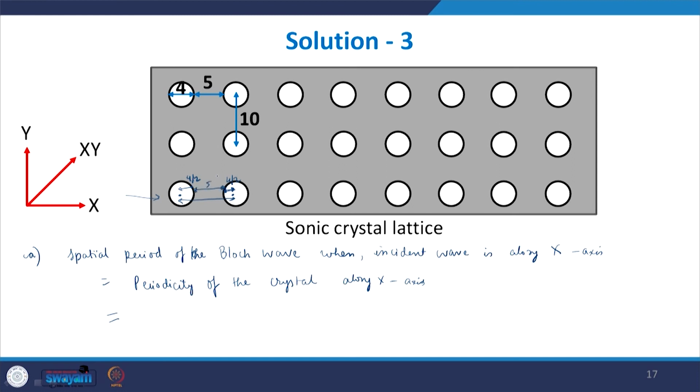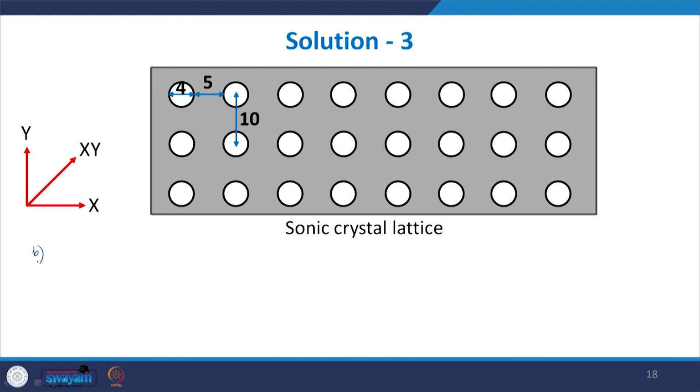This is what is given to us. So the total periodicity, or the length after which the pattern repeats, is 4 by 2 plus 5 plus 4 by 2, which is 9 units. This is the length we had to find, which equals the lambda along the x axis.